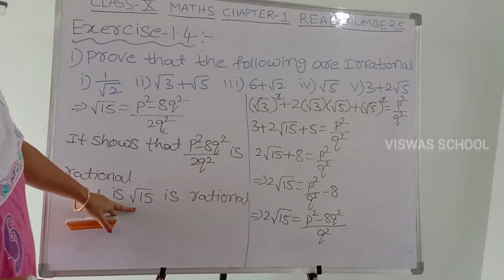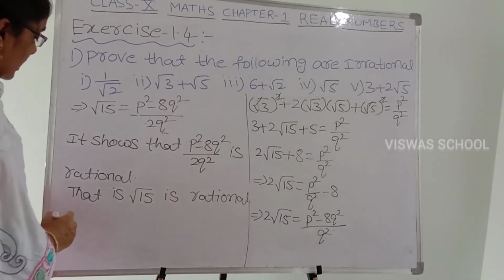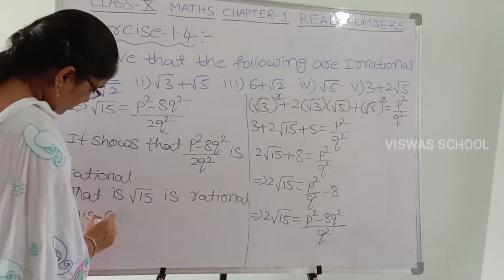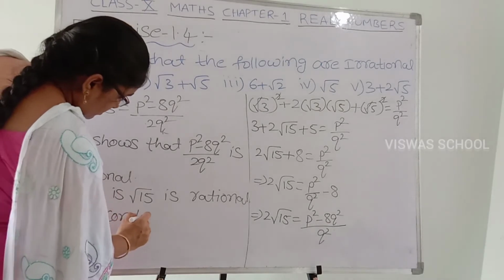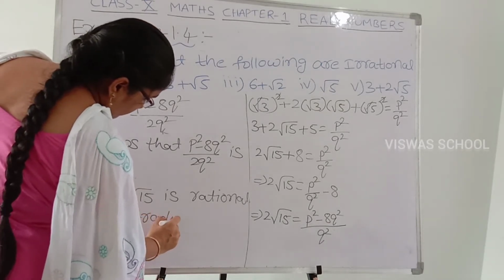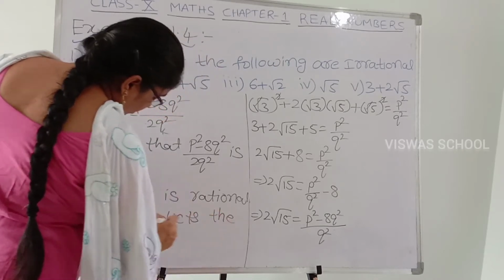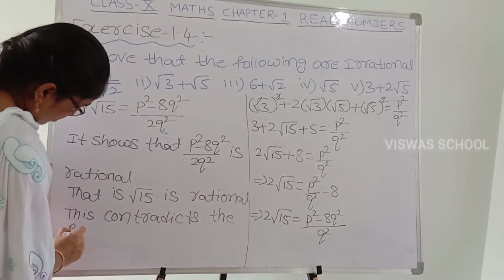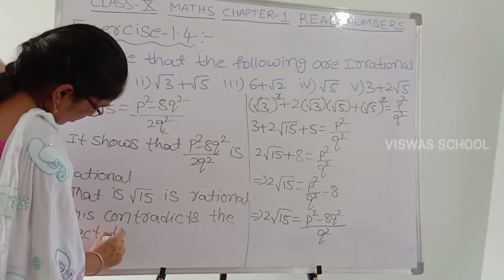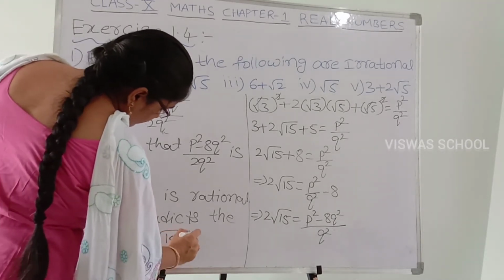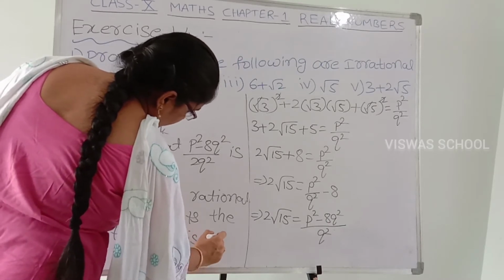But root 15 is an irrational number. That is, this contradicts the fact that root 15 is irrational.